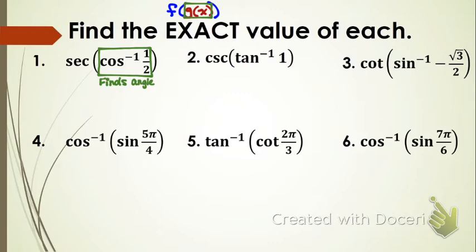For inverse cosine, I have to look where? 1 and 2. Which quad am I looking in? 1. So where in quad 1 does cosine have a value of 1/2? At pi over 3. So now I want the secant of pi over 3.